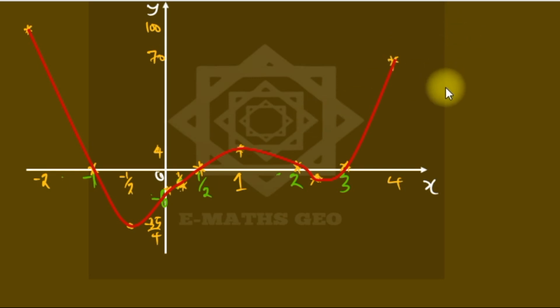So this is now the graph of f of x equal to x plus 1 times x minus 2 times 2x minus 1 times x minus 3. So this is our graph. So you can verify by using an app to graph. So that's how it will go, though we are sketching, so you can't compare it with the app. So that's it.